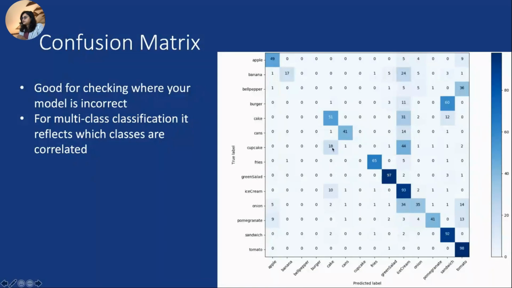Cake makes sense, but green salad does not. So it gives you a sense of what classes are correlated, but also where your model is going wrong. Maybe you need more examples of green salad and cupcake to make sure that cupcake is not misclassified as a green salad.